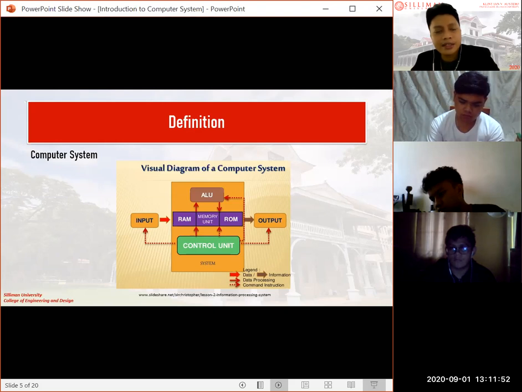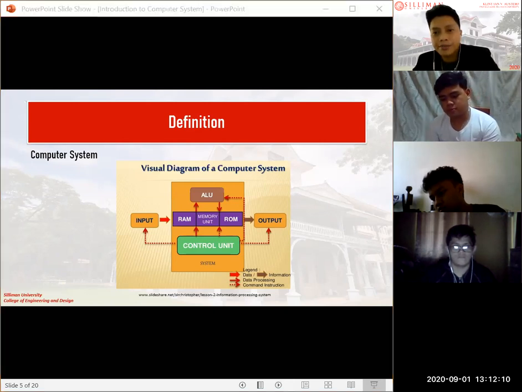Once it is done calculating, it is presented as an output. Good examples of outputs are your monitor, printers, and so on. Okay, so that is what we call a computer system.